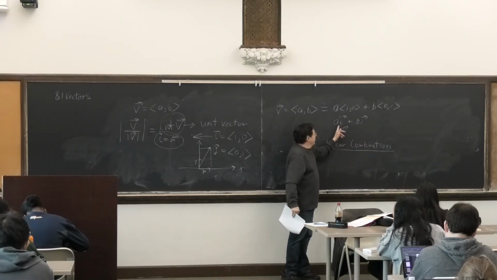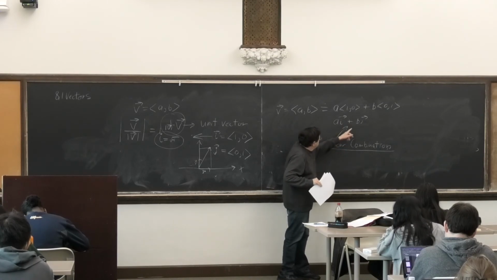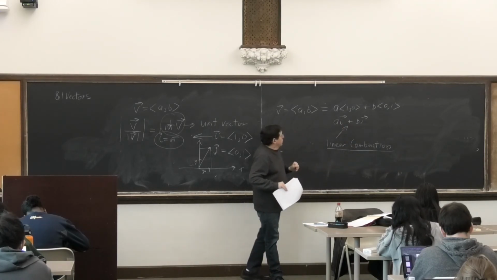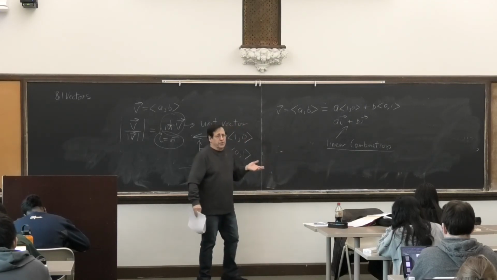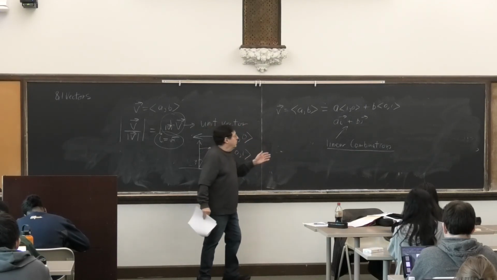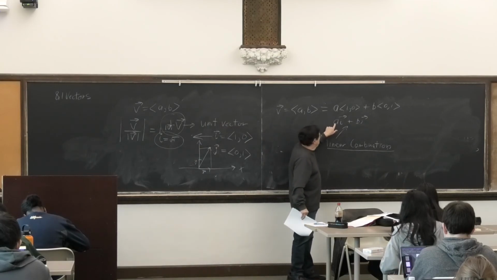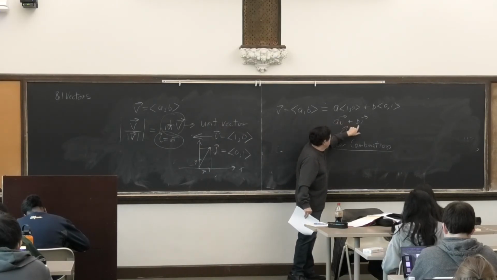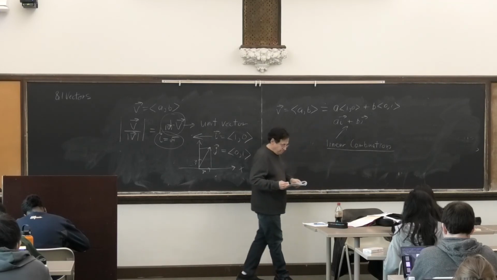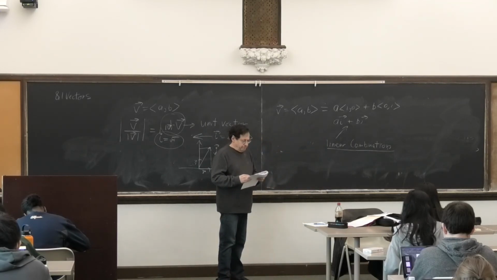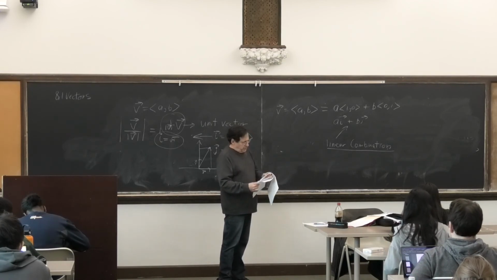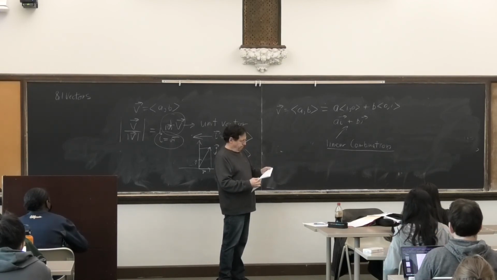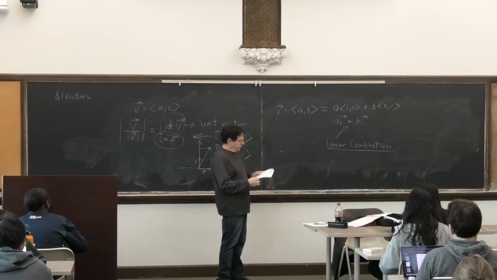It's a linear combination of i and j, but it would still be a linear combination if there were other vectors: some scalar times a vector plus some scalar times a vector. And I think we're going to talk about linear combinations on Thursday a little more.